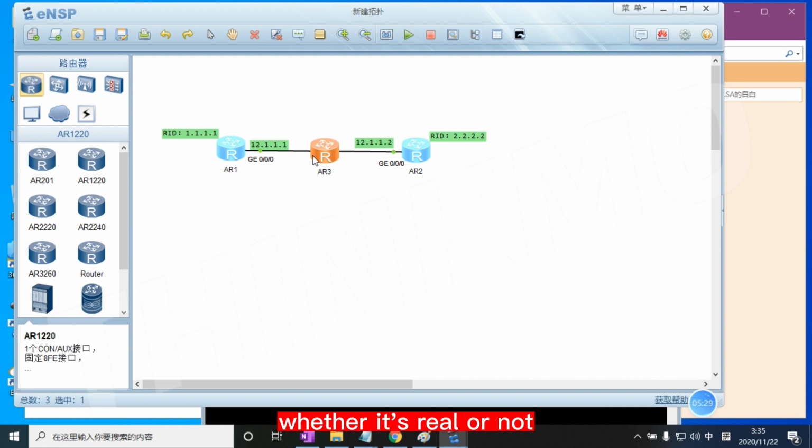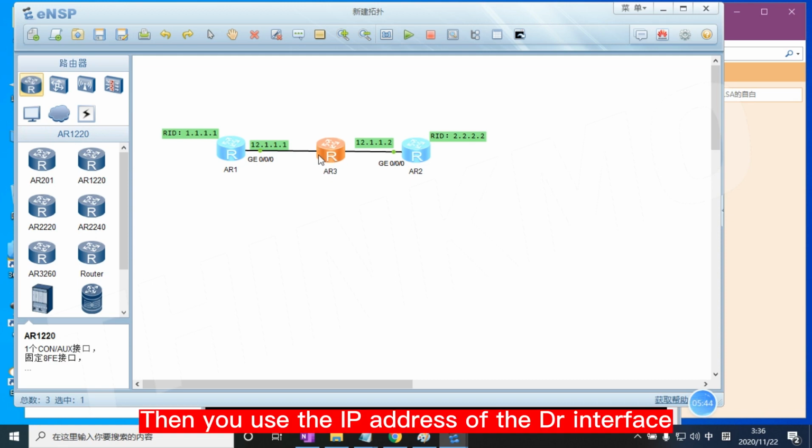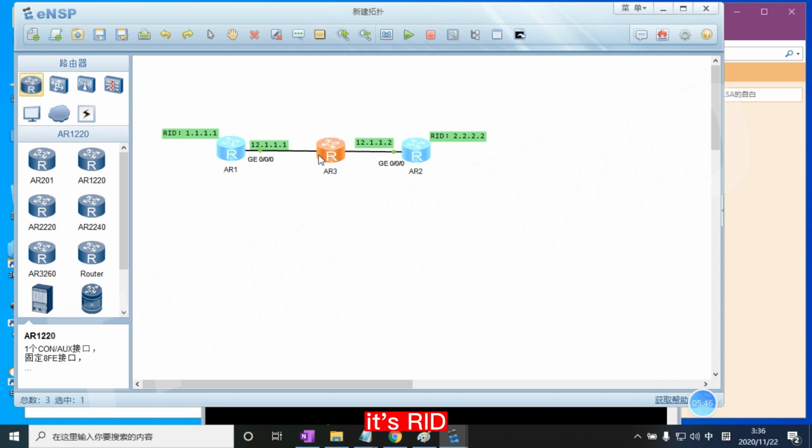Whether it's real or not, it exists. Does it have to be described by an RID? So this virtual router needs to be advertised by the DR, and then it uses the IP address of the DR interface as its RID, the unique ID of the router.